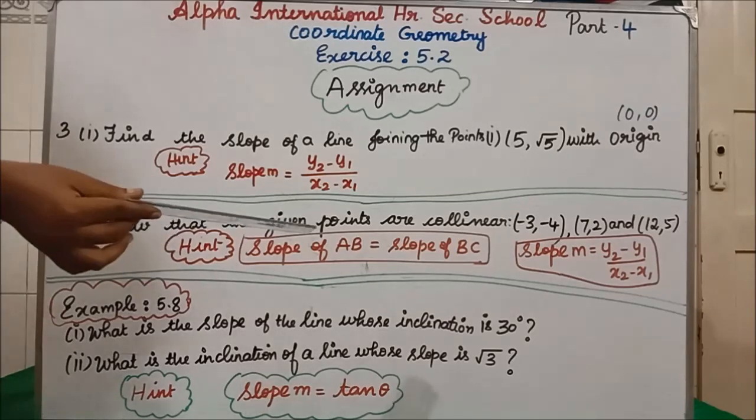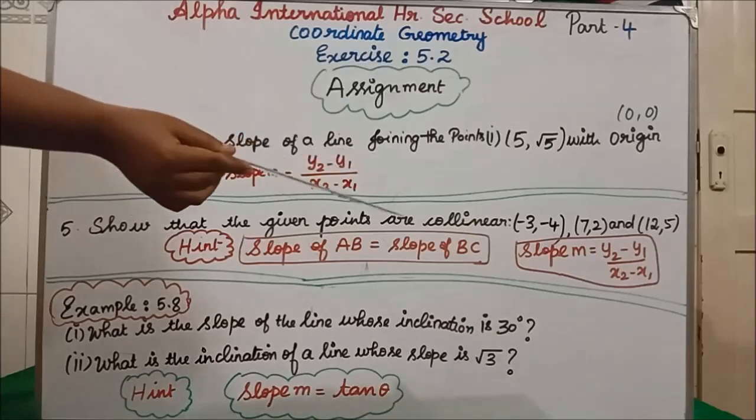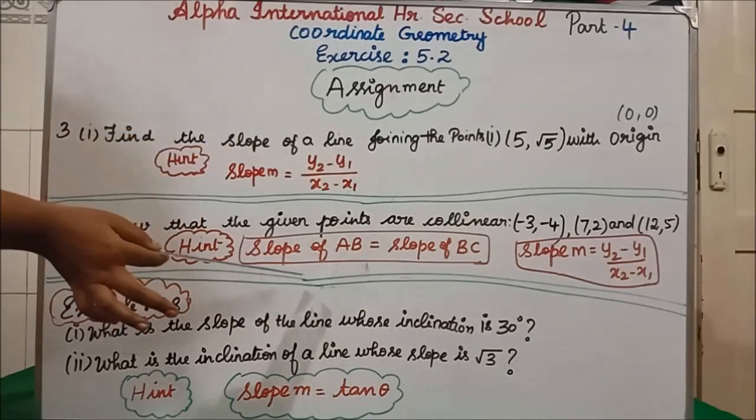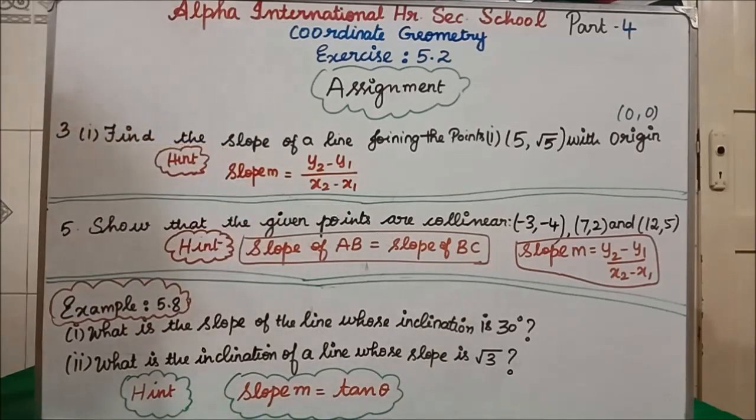So the same concept only. Here also you are going to use the 2-point formula only. If you are getting the same answer for both slopes, you are going to write: therefore, the given points are collinear. Students, for this fifth question the problem is collinear only, so you have to get the same answer.